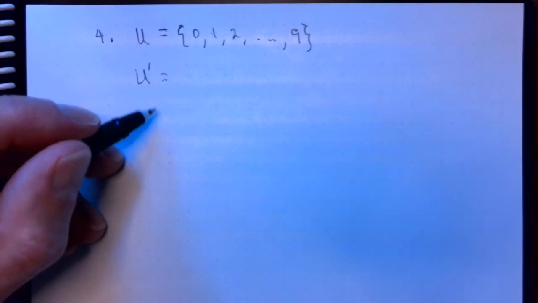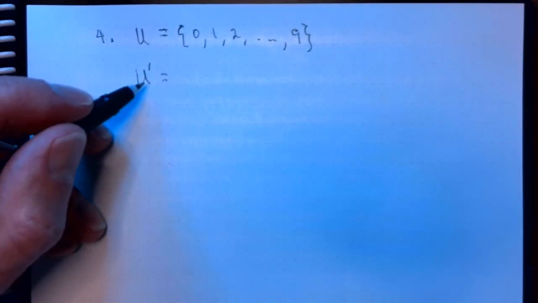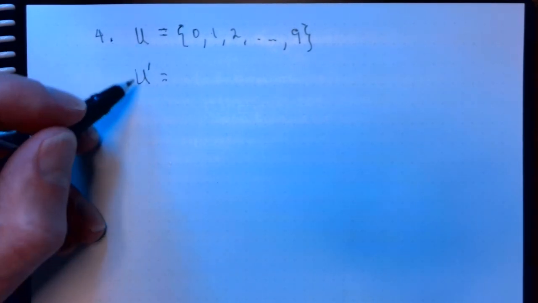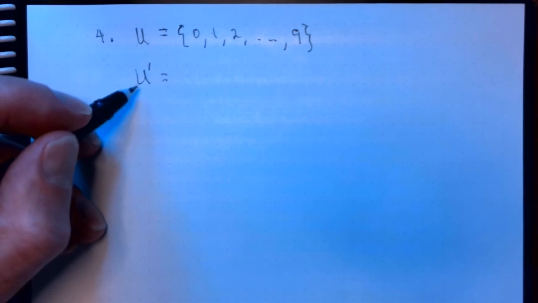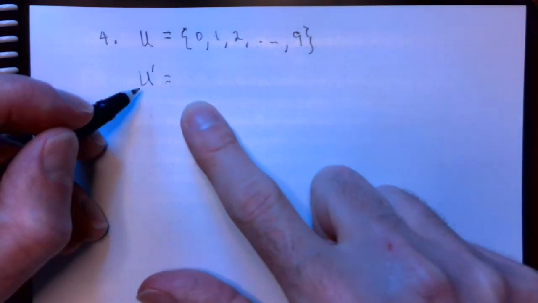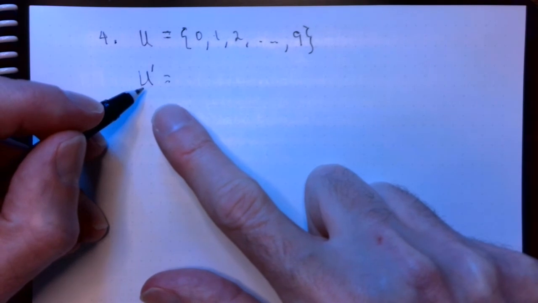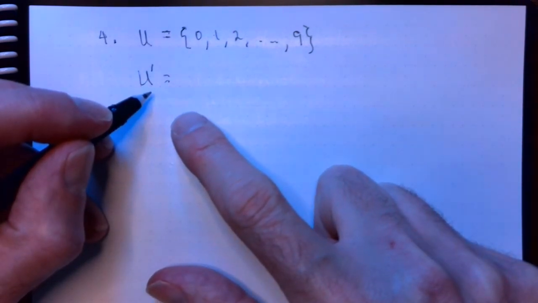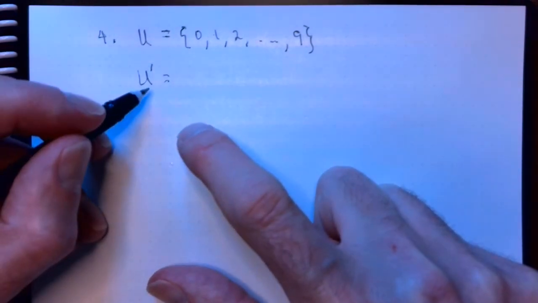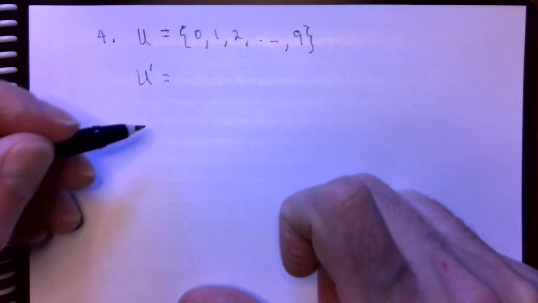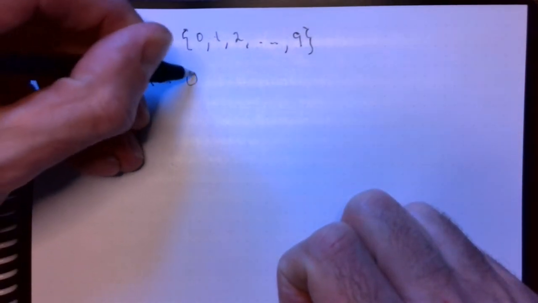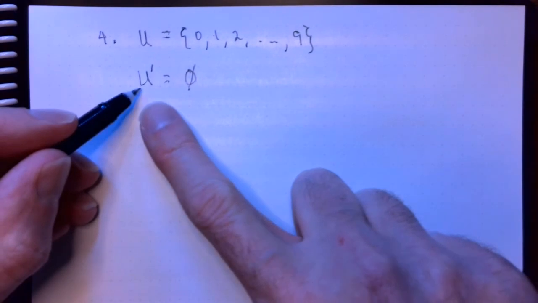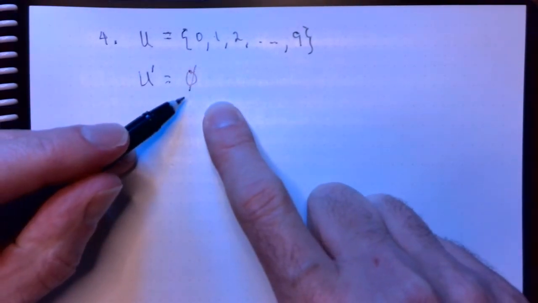Work it through logically. The complement of any set is everything in the universal set that isn't in our given set. But here we have the universal set, so there isn't anything in our universal set that isn't in our universal set. So that is the empty set. The complement of the universal set is the empty set.